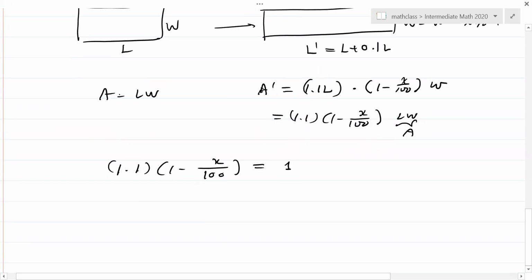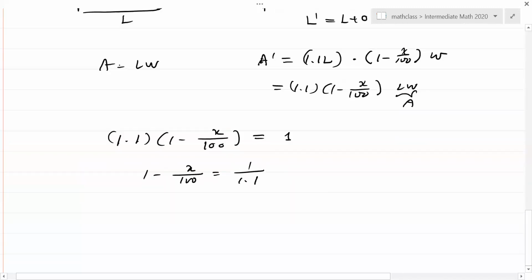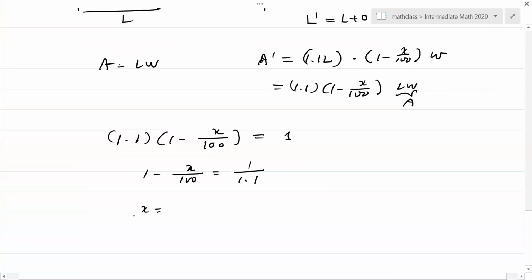You could use a calculator to solve this problem, but let's try not to use a calculator at this moment. How do you solve this linear equation? I move X over 100 to one side and 1 minus 1.1 to the other, switch it, so it's going to be 1.1 minus 1, 0.1.